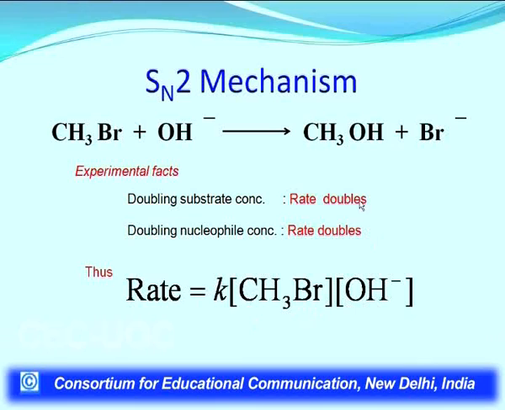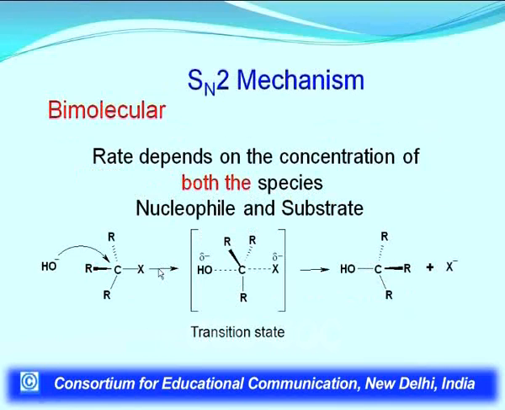Based on this kinetics, and there are just 2 substances, both involved in the rate determining step, a one step mechanism is proposed. It is said that this is an alkyl halide, a nucleophile attacks the carbon carrying the halogen, then it passes through a transition state in which the bond between the carbon and the nucleophile is partly formed and the bond between the carbon and the leaving halogen is partly broken, and then this product is formed in which this halide ion has left.